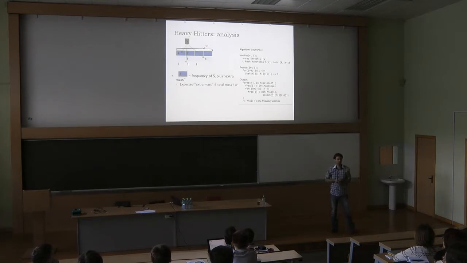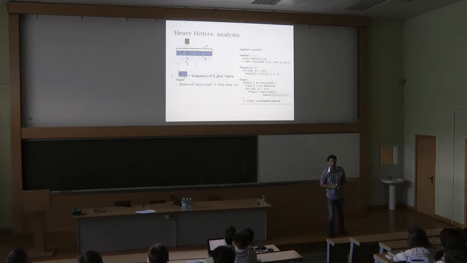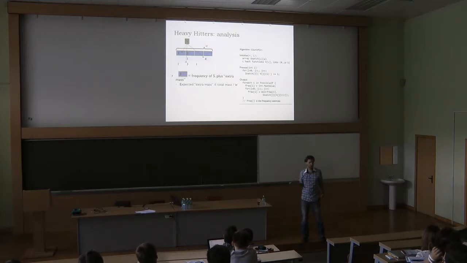The idea is that imagine each element comes with a bunch of balls, and these balls are colored. The color means this number 5. I say that all the red balls will go into bin number 1, but all the other colors can go into any of the bins.